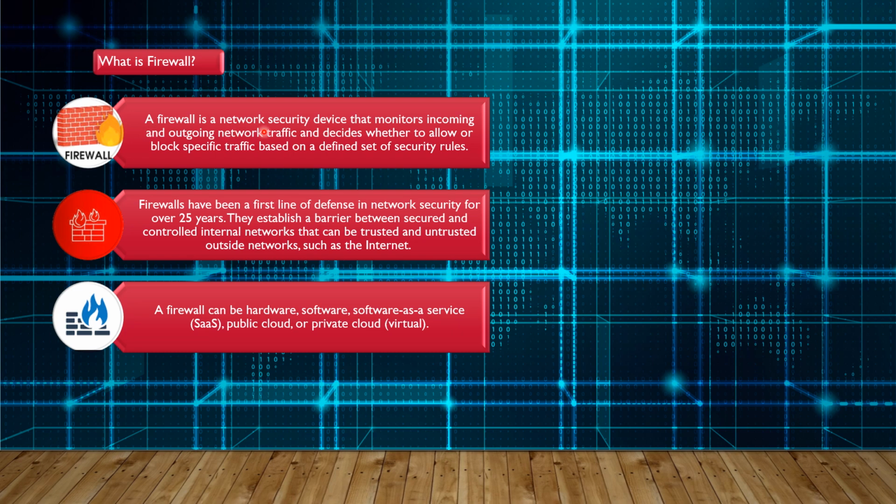A firewall is a network security device that monitors incoming and outgoing network traffic of the desired network path. We can specify rules in the firewall to allow or deny the network traffic. Firewall has been the first line of defense in network security for over 25 years.